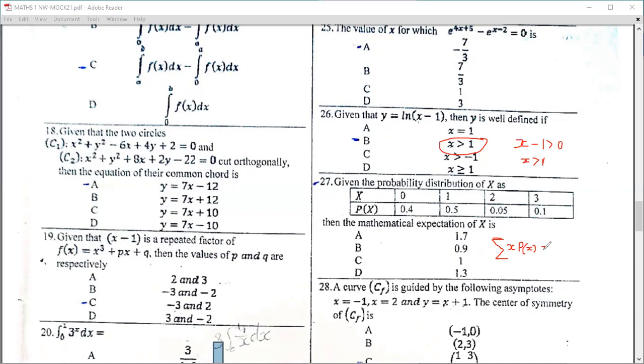So this will be equal to 0 times 0.4, that is 0, plus 1 times 0.5, plus 2 times 0.05, plus 3 times 0.1, plus 0.3. When we add all of this, we are going to have 0.9. So our key here is B.